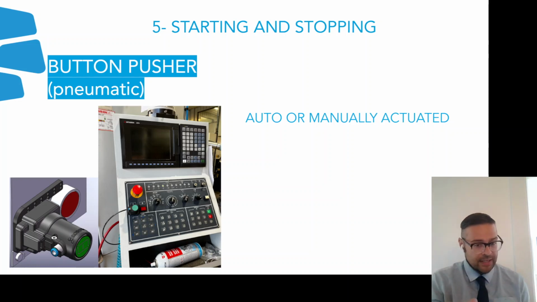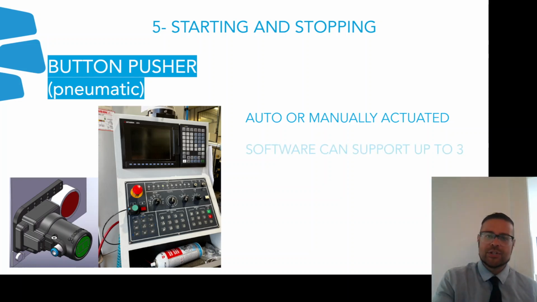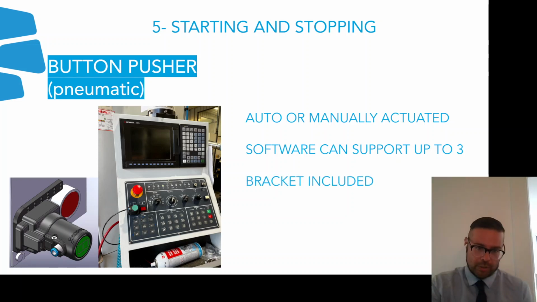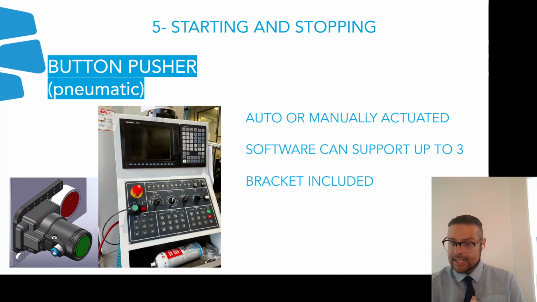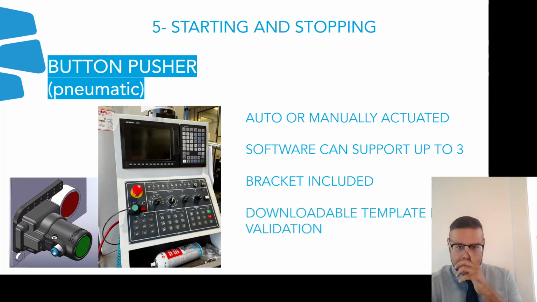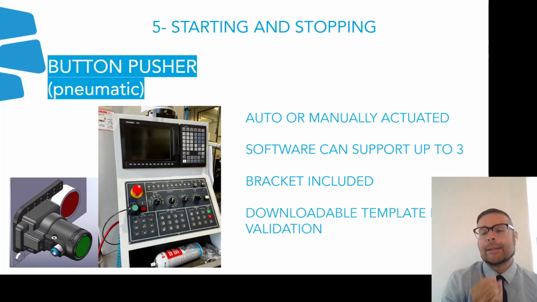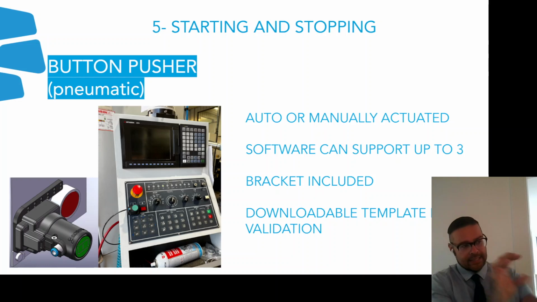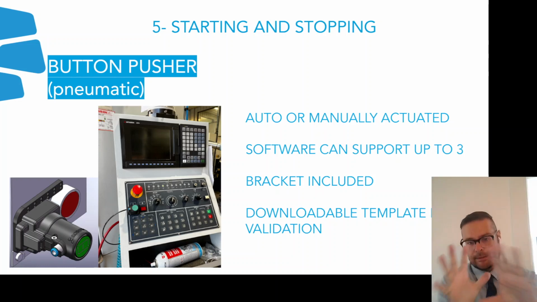Okay, it doesn't take up anything from the standard features of the CNC machine. The software can support up to 3 of them. The bracket is included. It's going to be stuck on the face with double-sided tape, and you can download the template to make sure that it fits on your machine. So you can download the template, maybe cut it out, and then see if it fits on your machine.